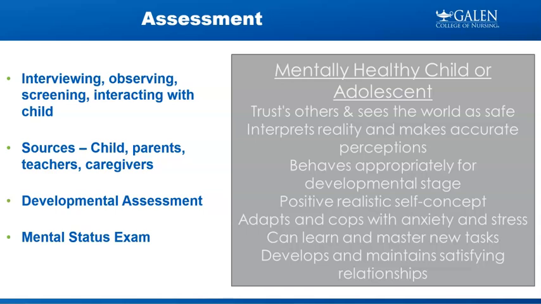In a perfect world, what the parents are saying and what the teacher is saying would match. If we give the Vanderbilt assessment, which is used for kids, ADHD, autism, even some of our impulse control disorders, and the parent answers it one way and the teacher another, we want them to mirror each other. That is not always the case.